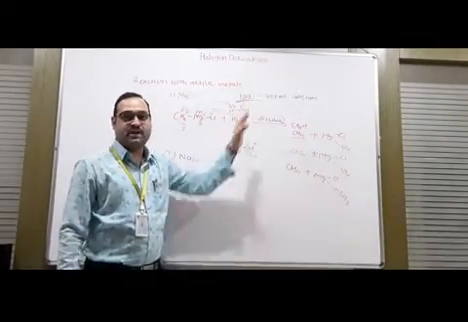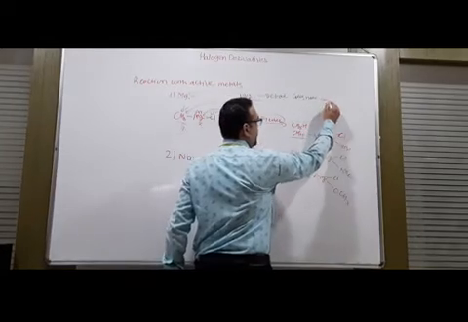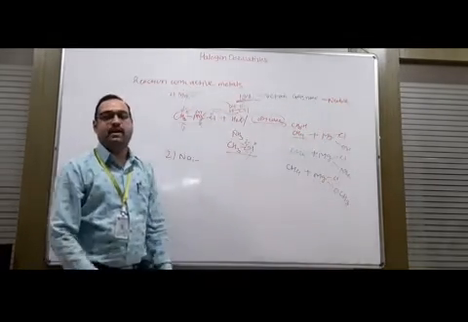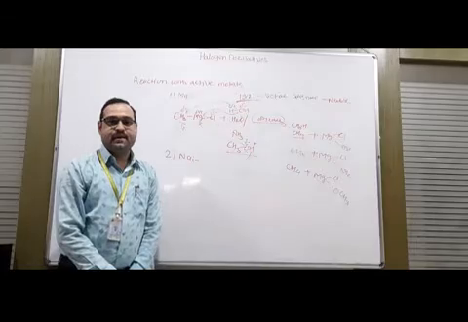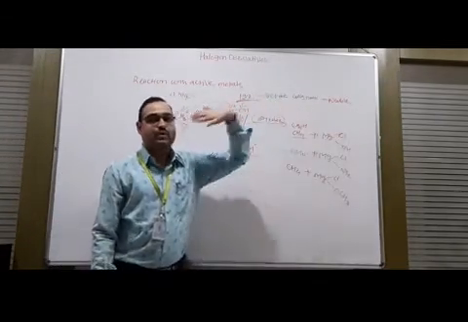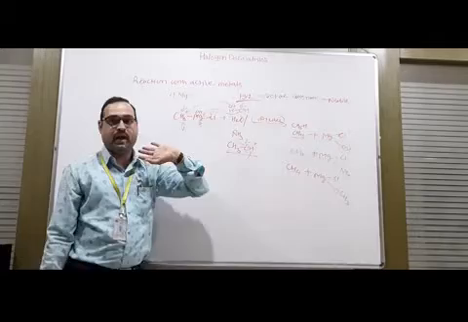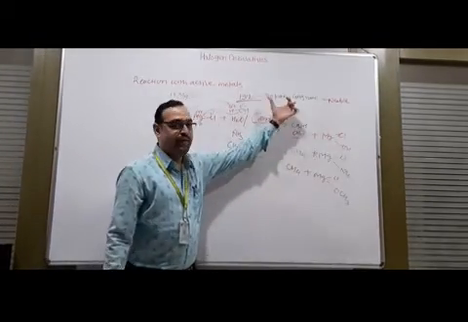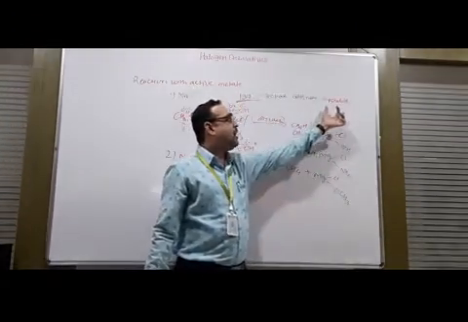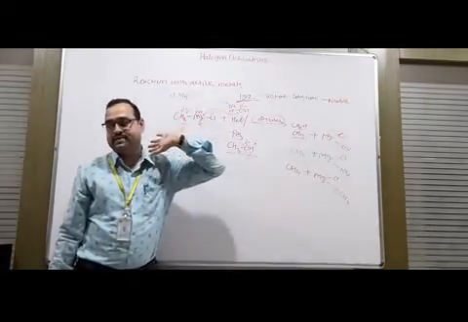In 1912, Victor Grignard got a Nobel Prize for this. This is some interesting fact about the Grignard reaction. The name of the scientist is Victor Grignard. In 1912 he discovered it and got a Nobel Prize for this.